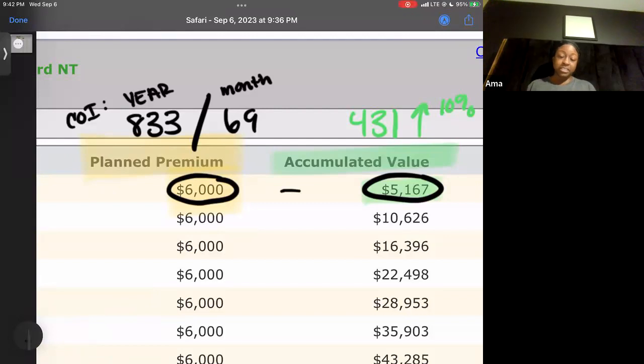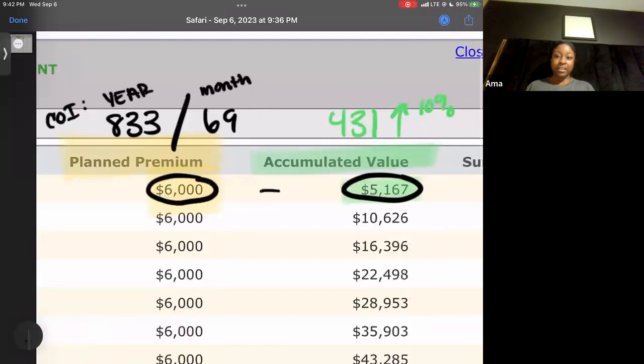So you're paying $69 a month in insurance fees, and the rest of your money, which is $431, is growing cash value at a 10% rate in the S&P 500.